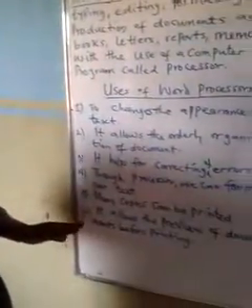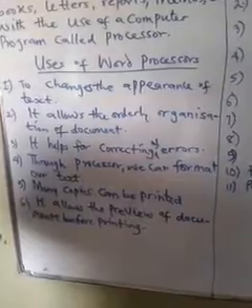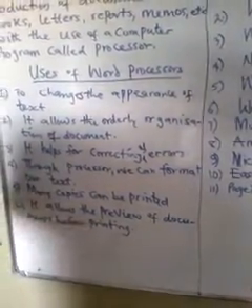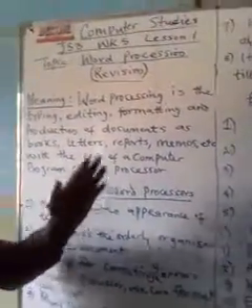Number six, it allows the preview of a document before printing. Preview means you check to know if it fits the size of the paper you are using before you print. Number seven, it helps to check spelling.